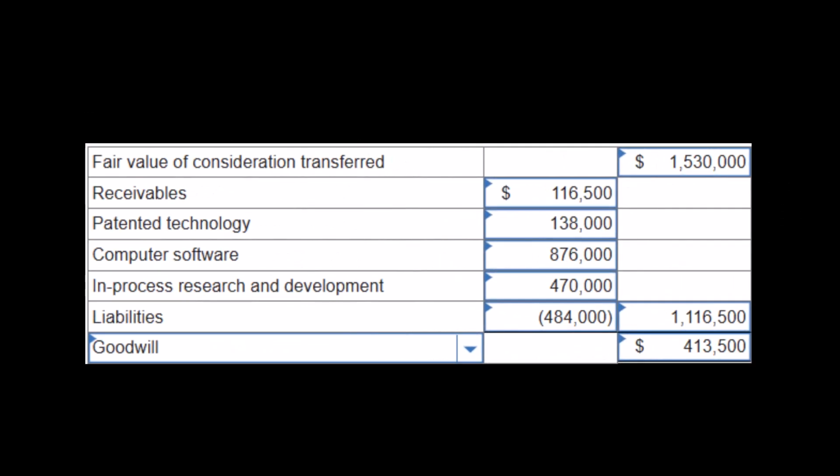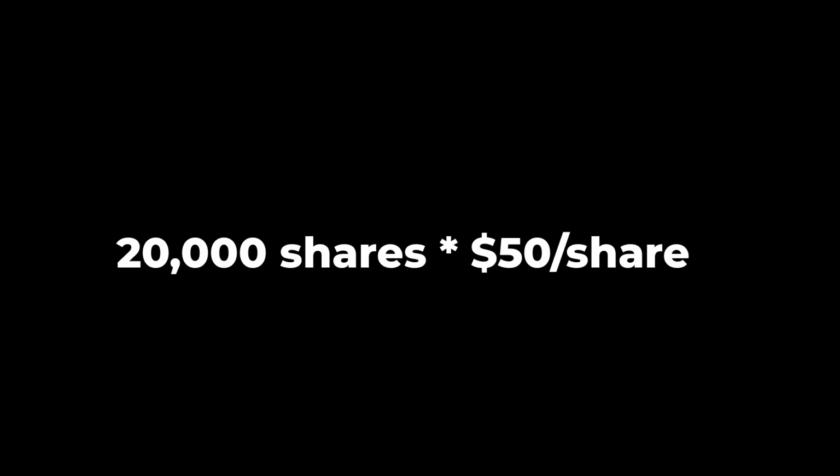If the stock price changes, the very first thing that's impacted is the total consideration transferred. The $1,530,000 we started with is no longer the correct number. Our new consideration is 20,000 shares times the new $50 price plus the 30,000 for the contingent consideration.